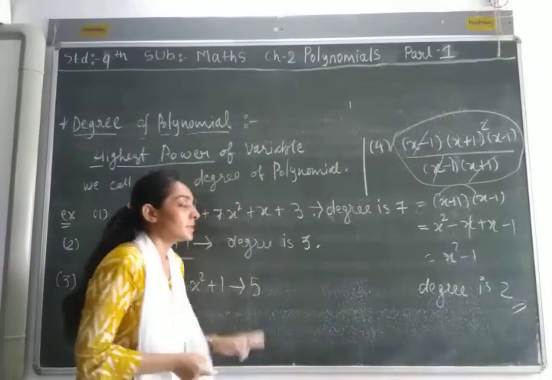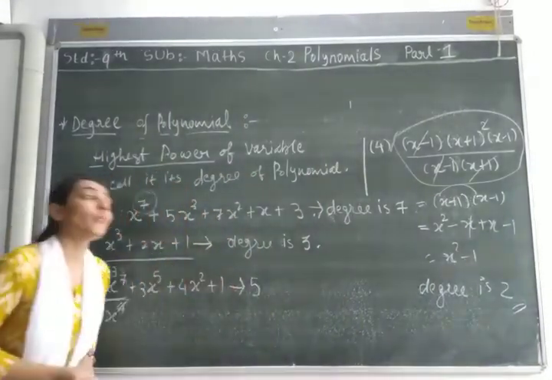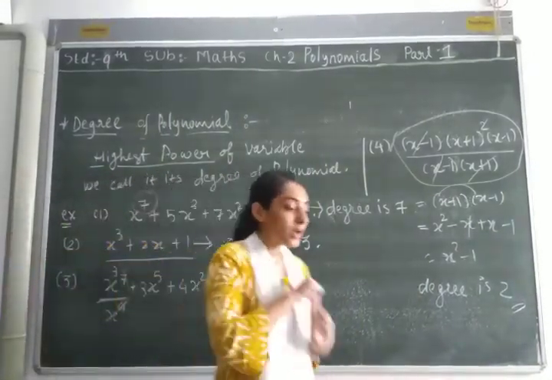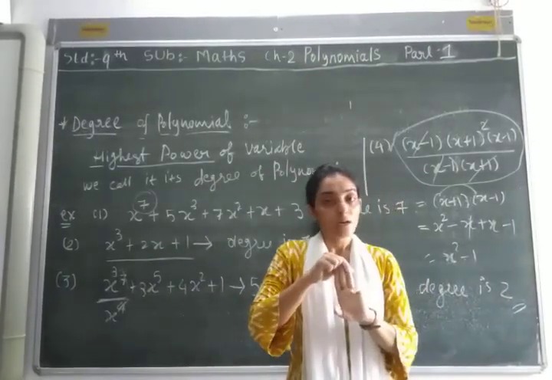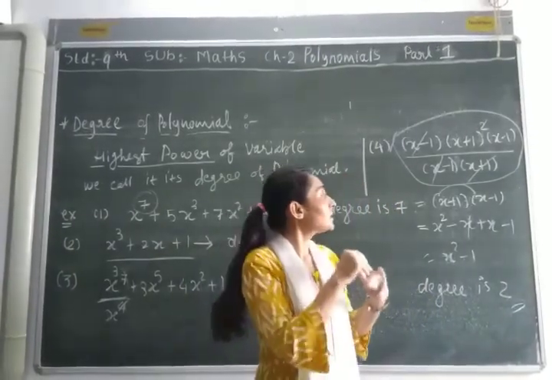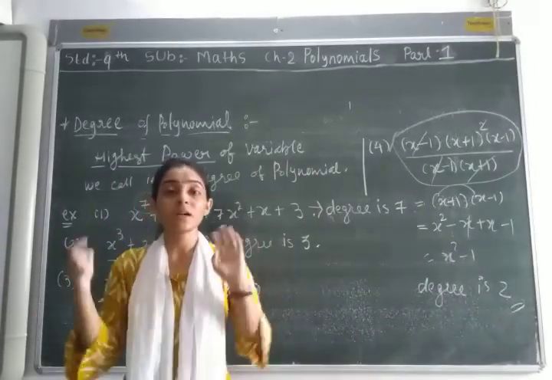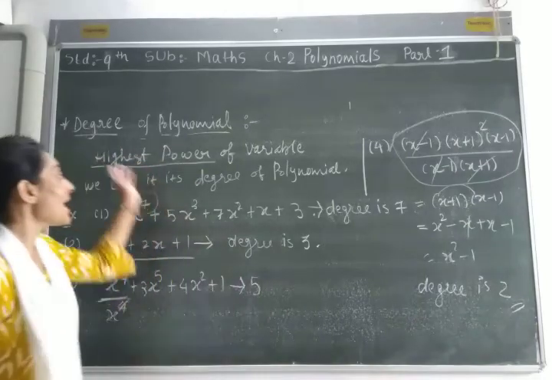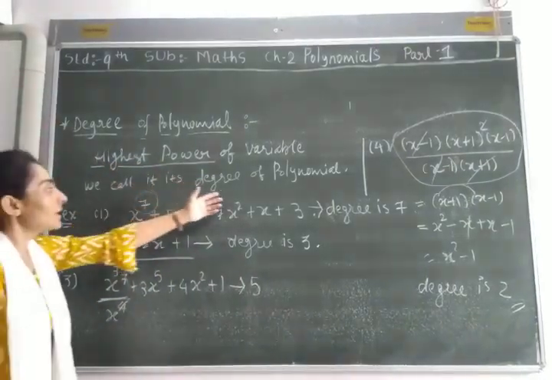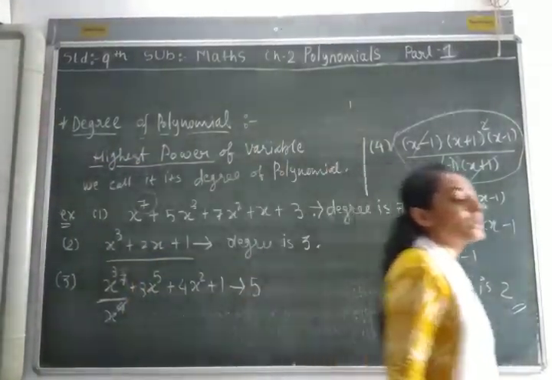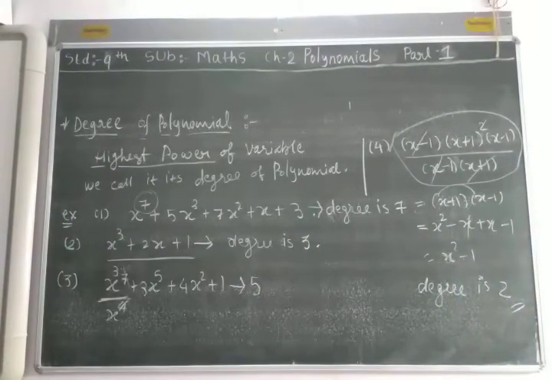If it is a polynomial, then check which variable contains the highest power. The highest power of the variable is the degree of that polynomial. Okay, now understand. So the next thing we are going to learn.